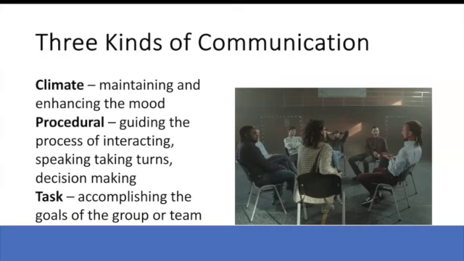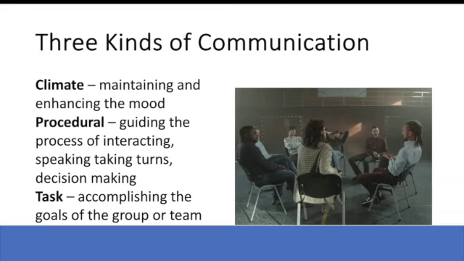So we do things like just greeting each other, asking people how they're doing and checking in and letting people know that they're important. Also, when conflicts arise, climate people can try to help people keep calm and keep focused, and they're regulating the mood of the group as opposed to trying to just solve the problem, right?